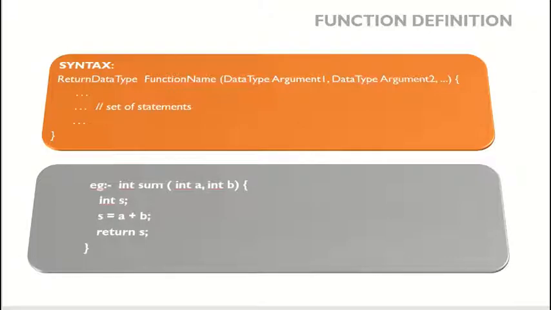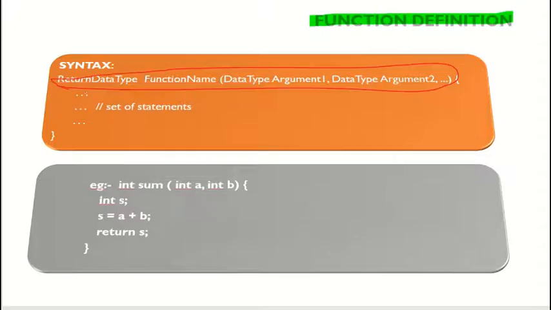Next is the function definition, how the function is actually defined. The syntax is: the first part is the function declaration itself, which we have already discussed up to this point, the return data type, function name, data type argument 1, comma, data type argument 2, comma, etc. And after the bracket we put an opening curly bracket, and within the opening and closing curly brackets, we have the set of statements inside the function.